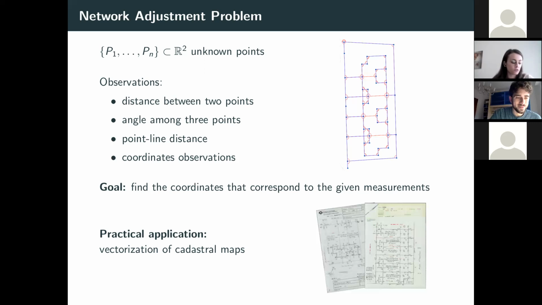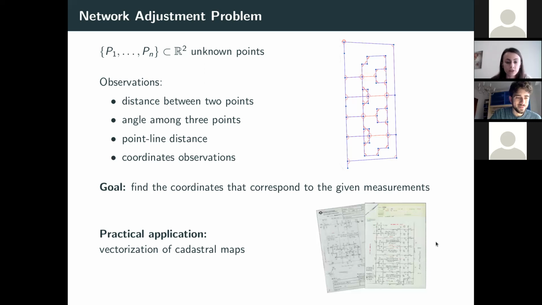So there are several different applications in practice, but the one that we focus on is a project that Siux Matwer is doing for the Dutch cadastre, which has as final goal the vectorization of cadastral maps. So the cadastral archive is made by a set of paper sketches of this kind.